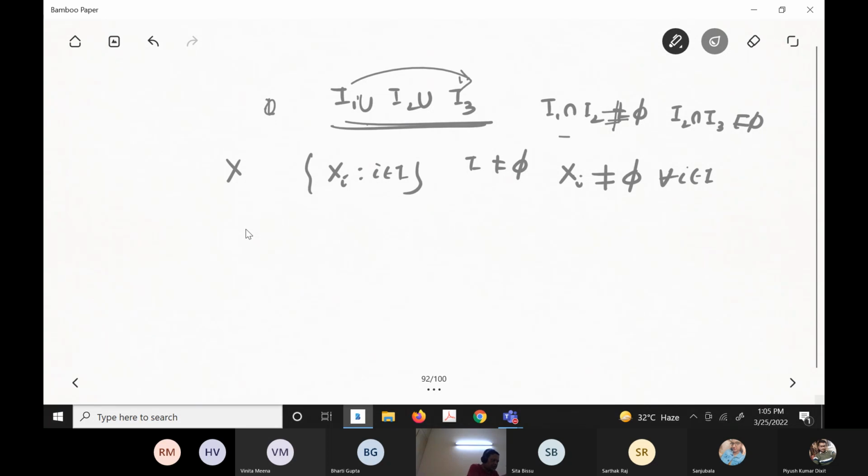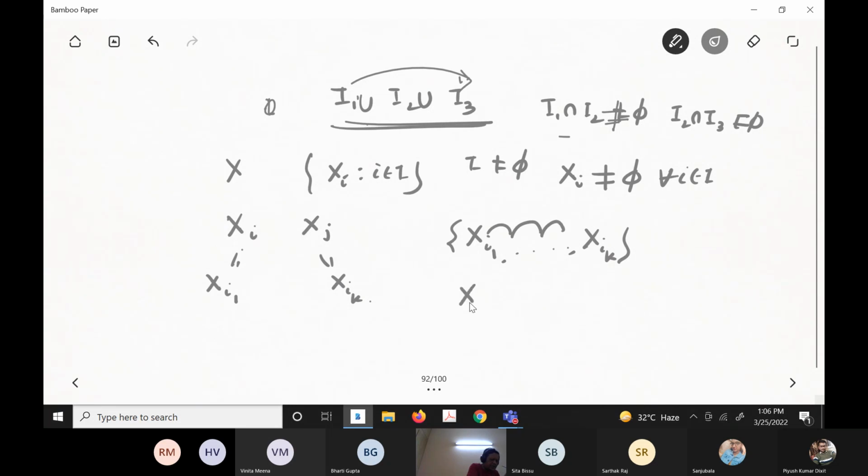If you take two sets, suppose X_i and X_j, I am not saying their intersection is non-empty. I am saying I can pass through a chain, meaning finitely many sets X_{i1}, up to X_{ik}, such that X_i is equal to the first one, X_{i1}, and X_j is X_{ik}, and also consecutively the intersection is non-empty.